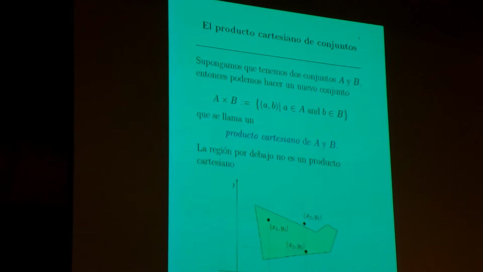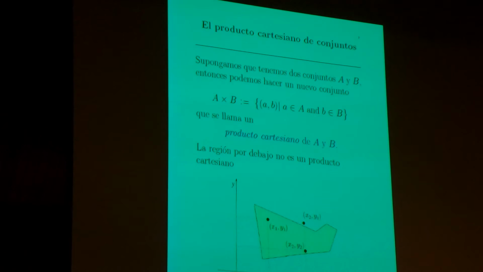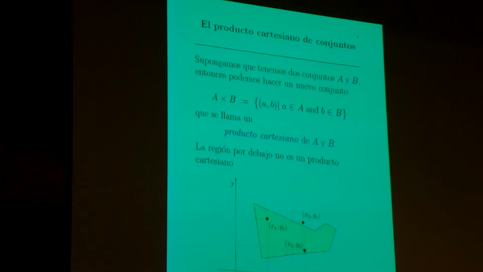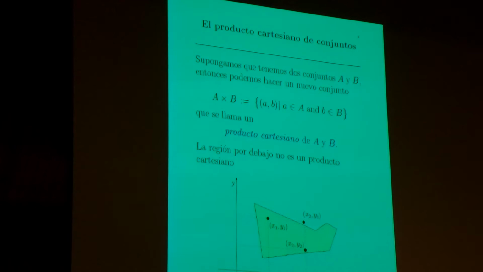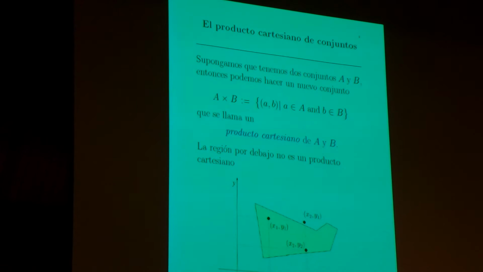The construction takes two sets, A and B, and gives me a new set, which we call A cross B. This new set consists of all the pairs (a, b) satisfying the property that the first entry is in the set A and the second entry is in the set B.